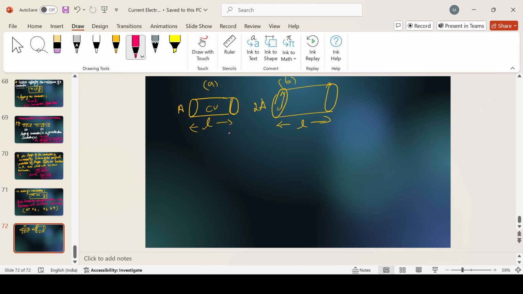A. A has more resistance. Why? Because it is inversely proportional.